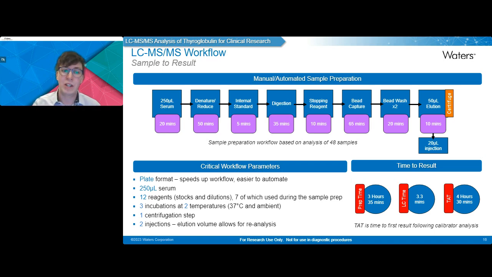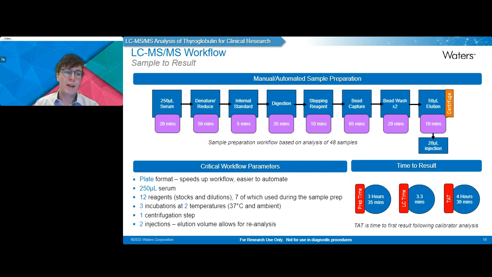We're using 12 reagents, 7 of which are used during the sample prep, so it's somewhat simplified compared to other methods as well. We're doing 3 incubations throughout the workflow at 2 temperatures. We tried to standardize the denaturation and digestion at 37 degrees C, and then we're running at ambient for the capture.